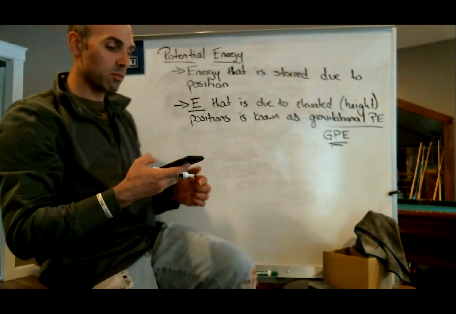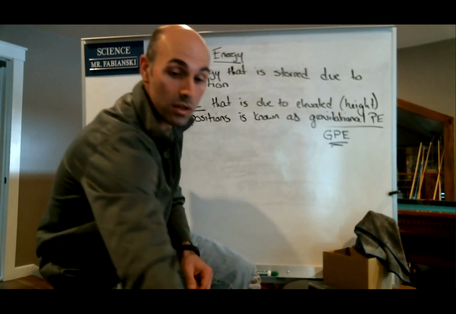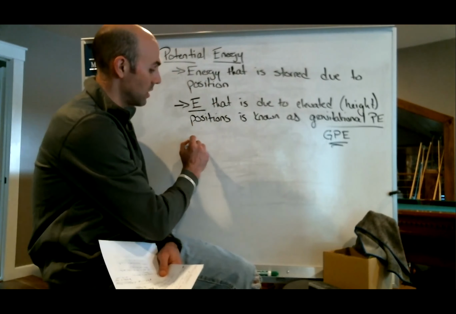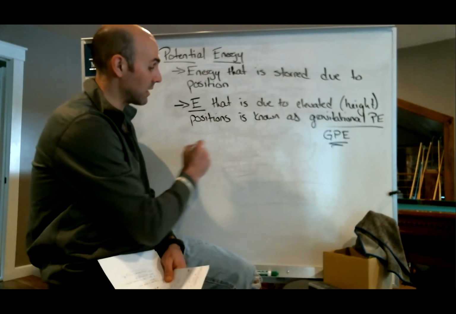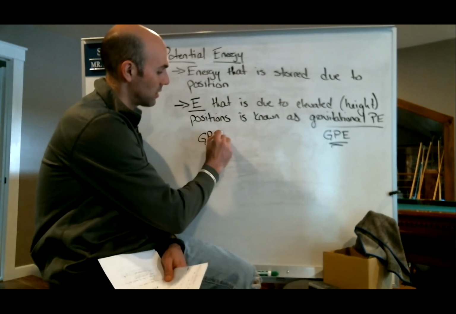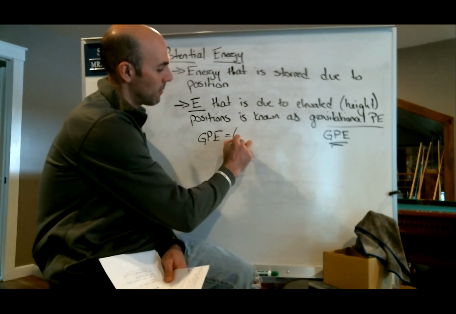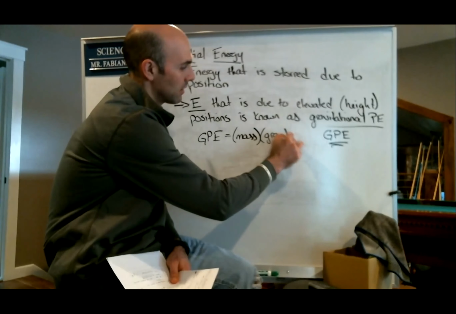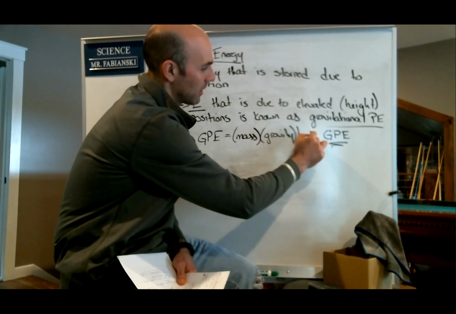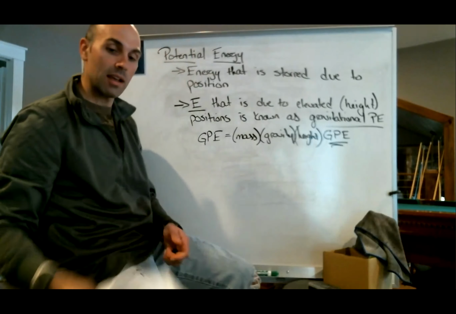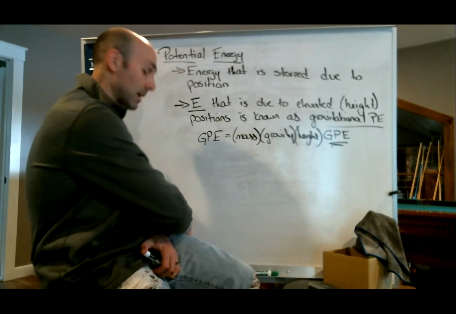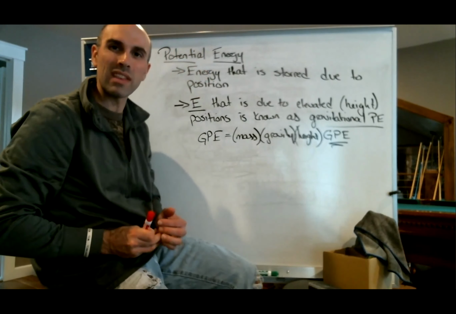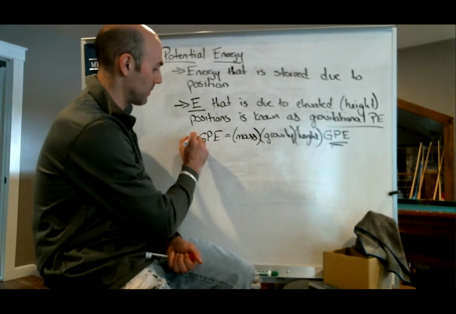So there is our equation board, and we are going to add yet another equation to that, and that is going to be our GPE equation. GPE will equal mass times gravity times height. And when I say gravity, I'm really speaking of the gravitational constant, and you all know what that is, g, 9.8.